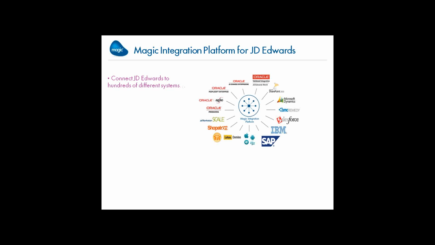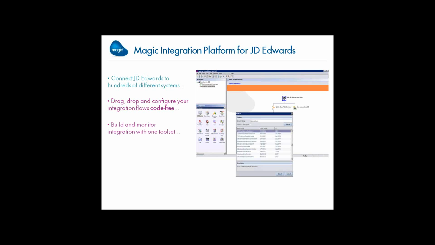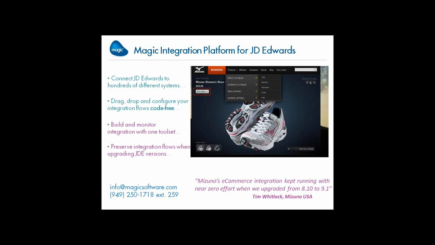The Magic Integration Platform for JD Edwards has been featured by Oracle as part of their seminar series on JD Edwards upgrades, and this slide that you're looking at currently is included in that session, where they talk about how the Magic XPI integration platform allows you to connect JD Edwards to hundreds of different systems through a drag, drop, and configure approach that allows you to create integration flows in a code-free fashion, to be able to build and monitor your integration with one tool set.